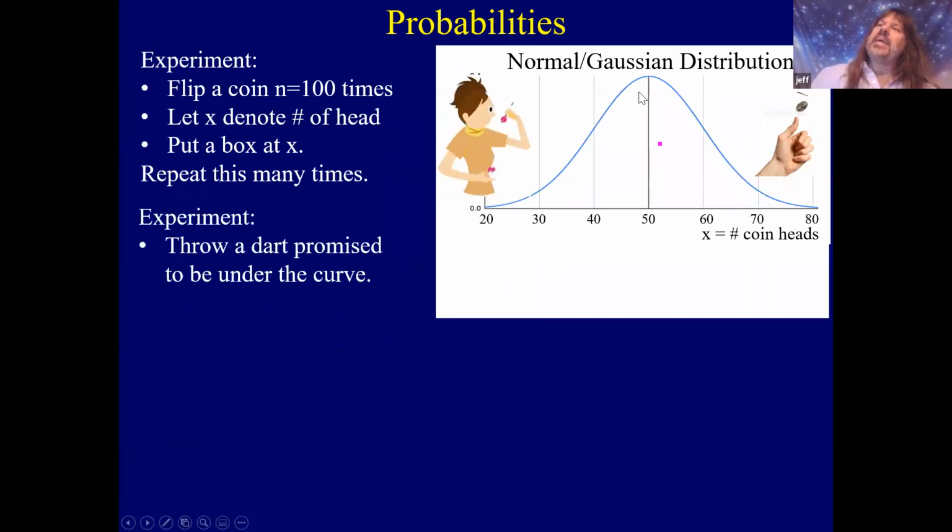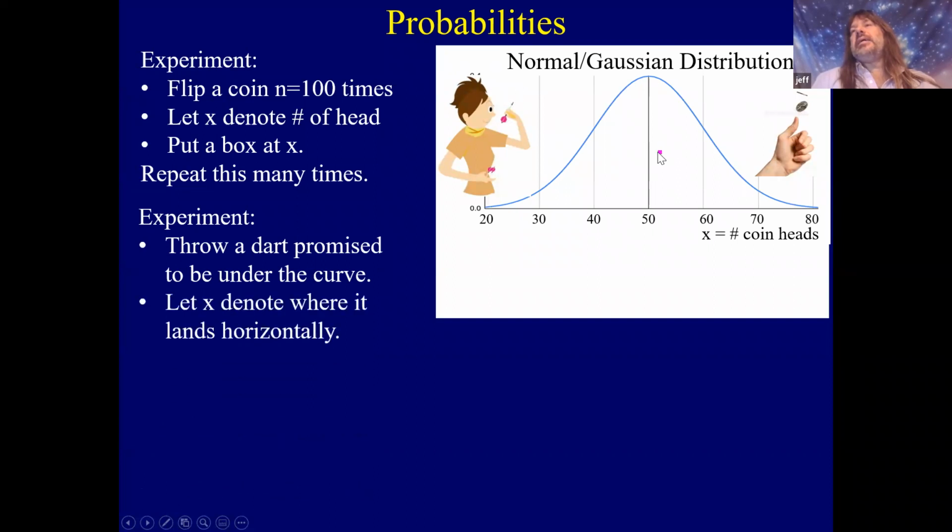Another way I like to think about a curve like this, a way of representing a distribution, is you throw a dart, right? See here, this woman threw a dart and it landed a random place under the curve. So each little bit of area is equally likely to get hit. But you have to be under the curve. And then once you get that spot, it falls down to being the X value that you've obtained.